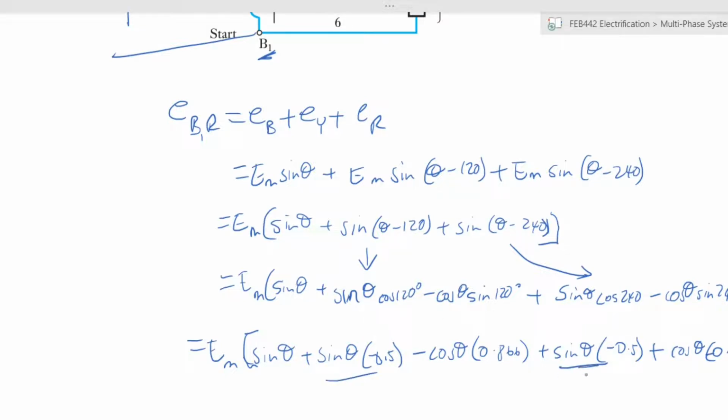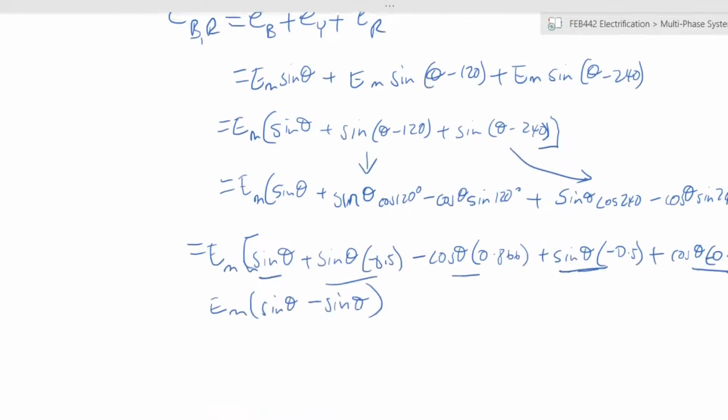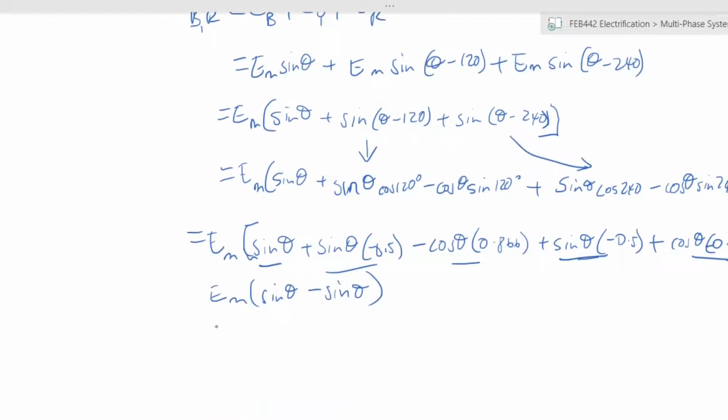So this and this will add up to negative sine theta. We already have sine theta. And then you have this and this cancelling each other out. So you will end up with EM sine theta minus sine theta. Ultimately, this becomes a 0.